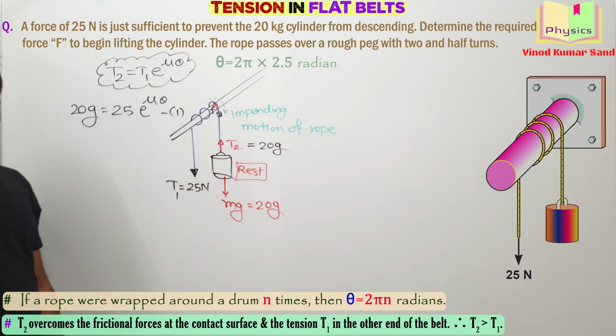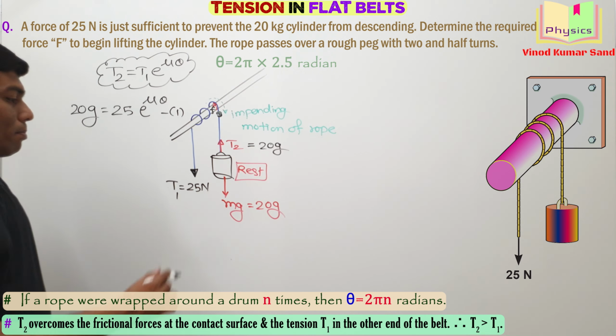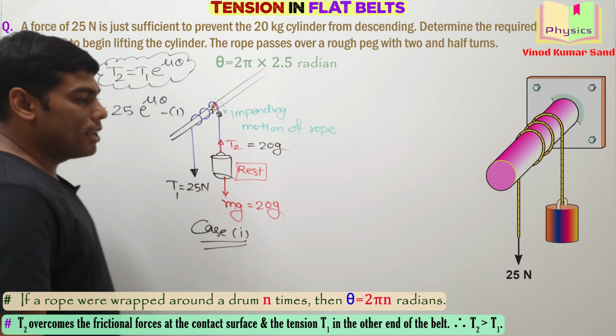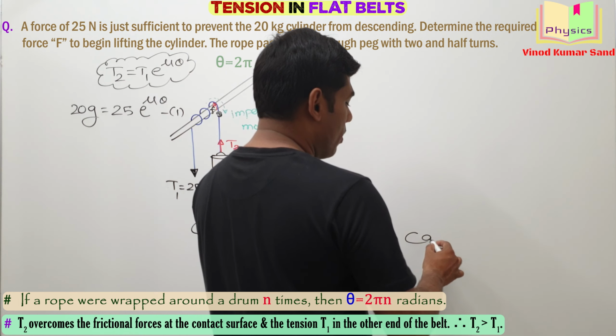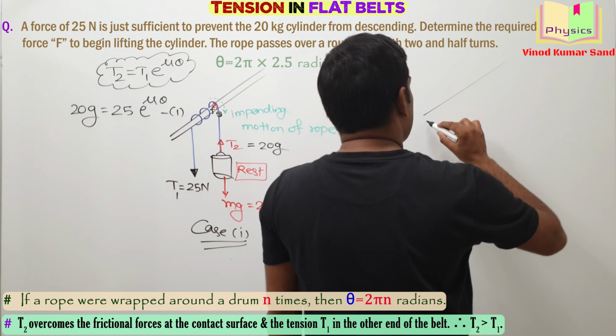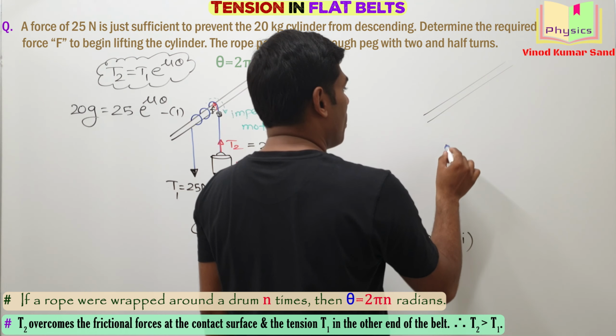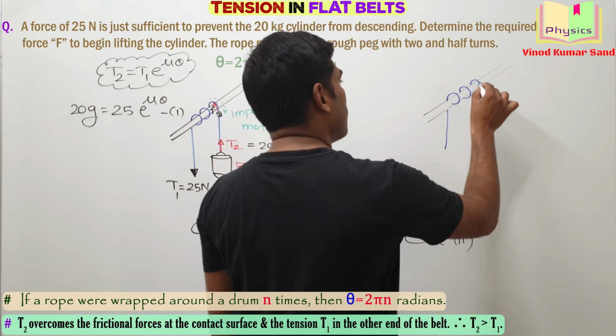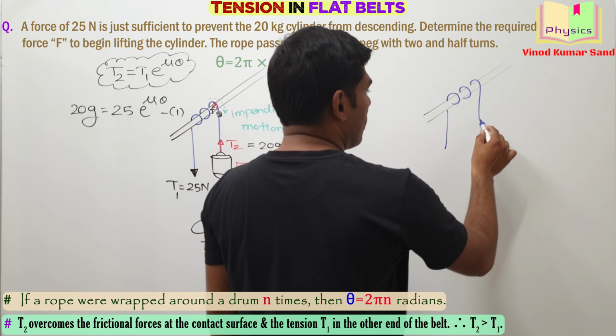Now taking up the diagram for case number 2. Call it case 1. And here I am making the diagram for case 2. Same rod, same number of turns, same rope. So 1 turn, 2 turn and the half turn. The cylinder hangs here.